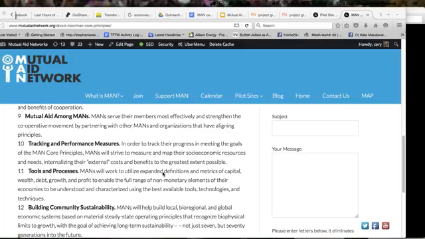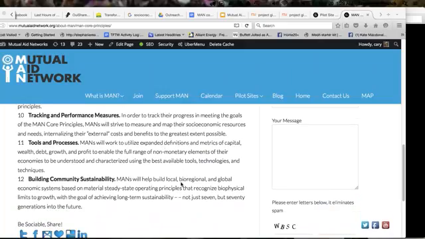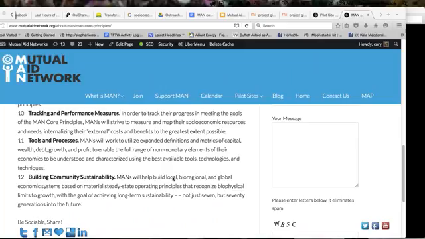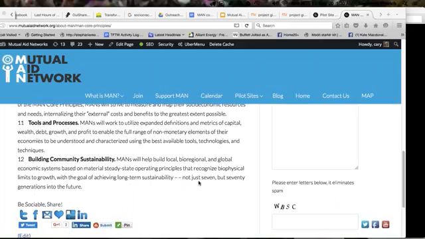We're looking at really how lives and communities are improved, how dynamics are changed. And tools and processes, we take a wide view of tools that can be used, but they also need to meet the core principles. And then building community sustainability into the future.